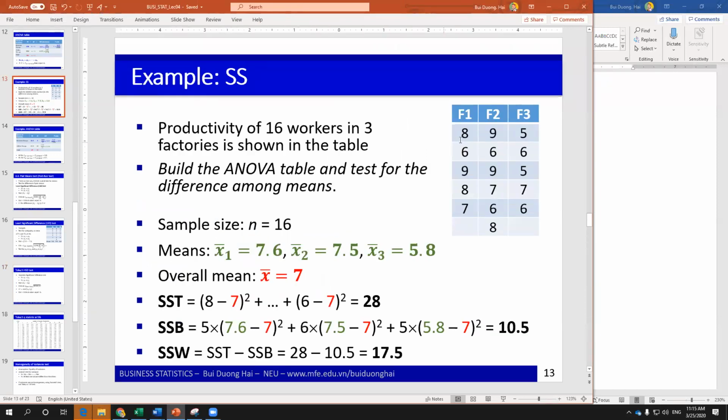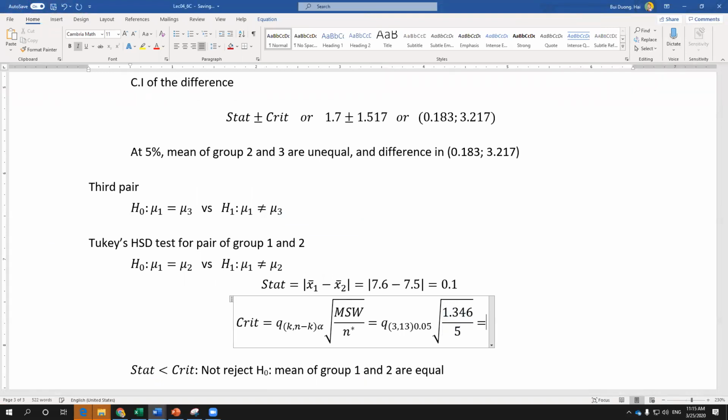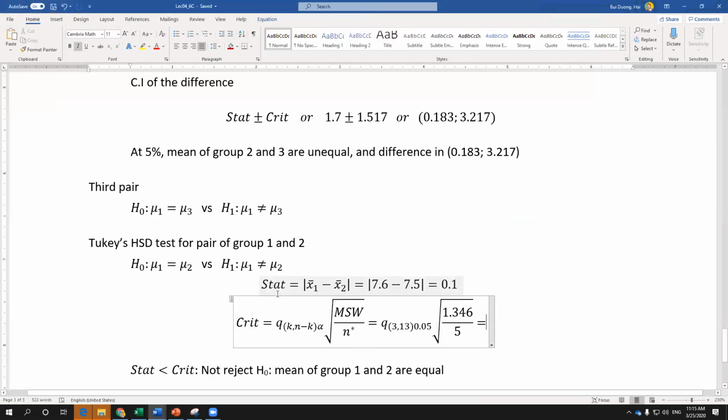Data include only group 1 and 2, and the mean is 5. Now Q, you check in the slide here. 3 and 13, 3.73.